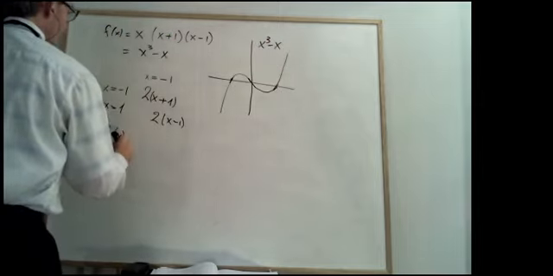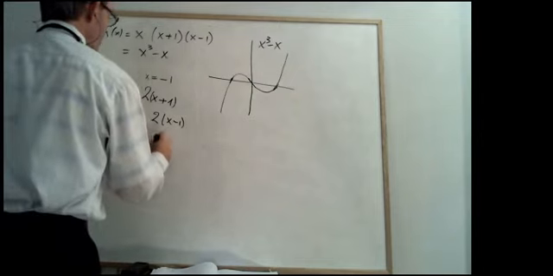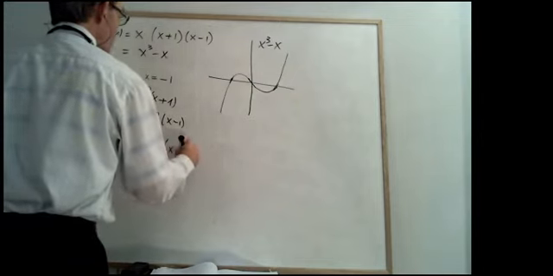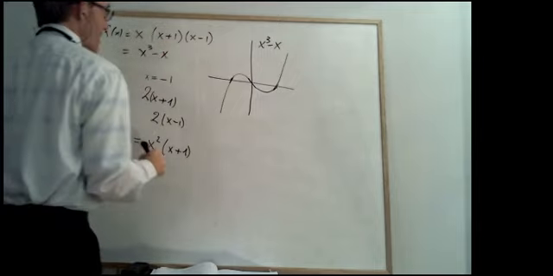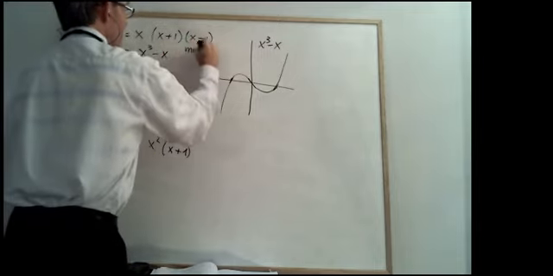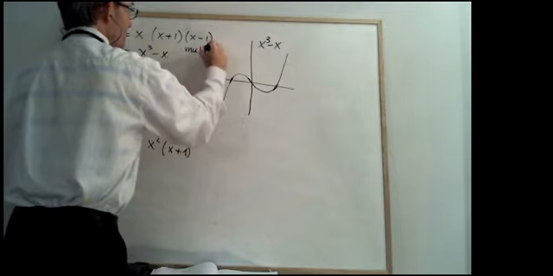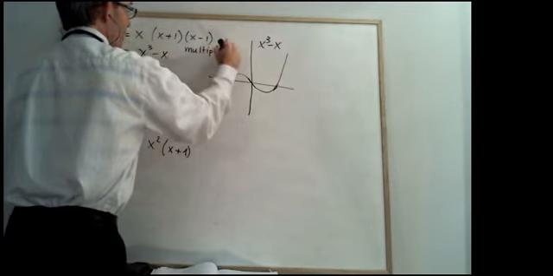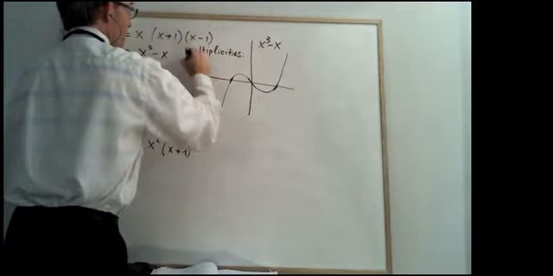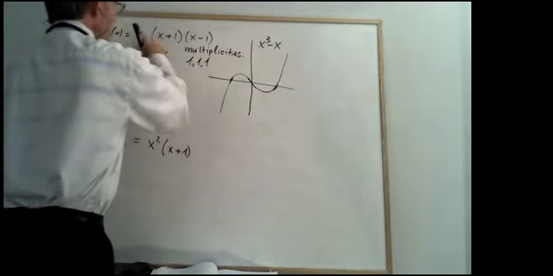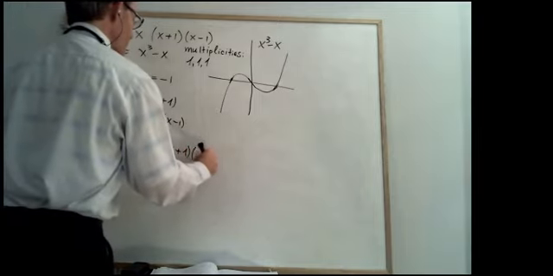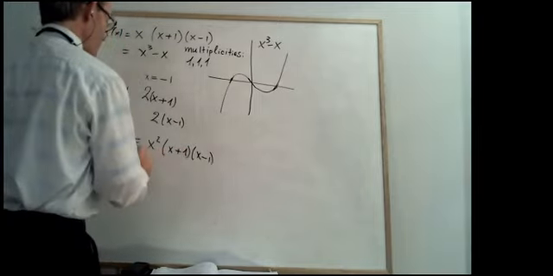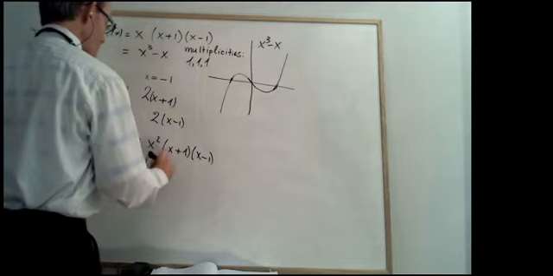And then we saw that if you have a power law which is different from 1, the multiplicities of all the roots here are 1, one for all three roots. And now here, for x equals minus 1, multiplicity is 1.